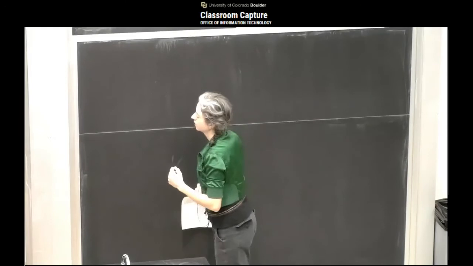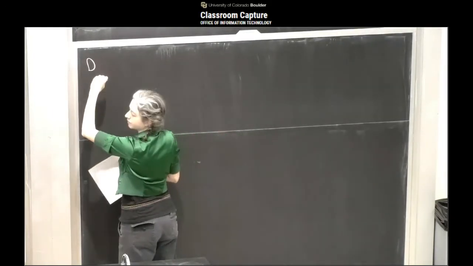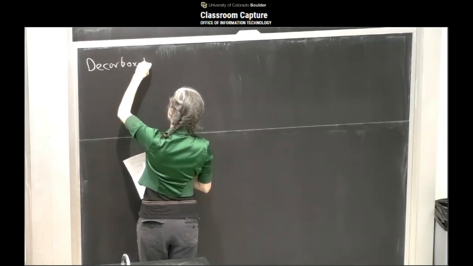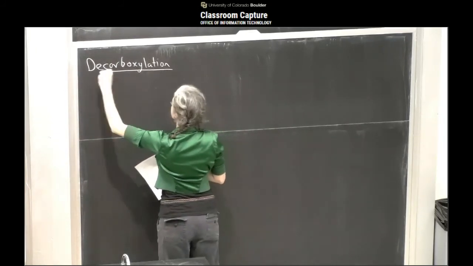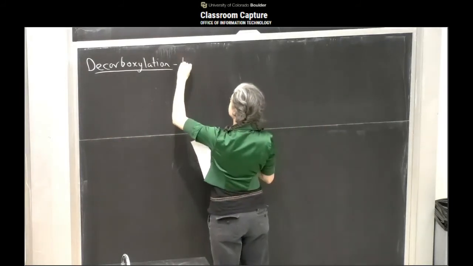But to wrap up this one, we're actually going to look at one specific reaction that's unique to carboxylic acids alone. So what we're going to look at here is a weird one called decarboxylation. And this is loss of CO2.